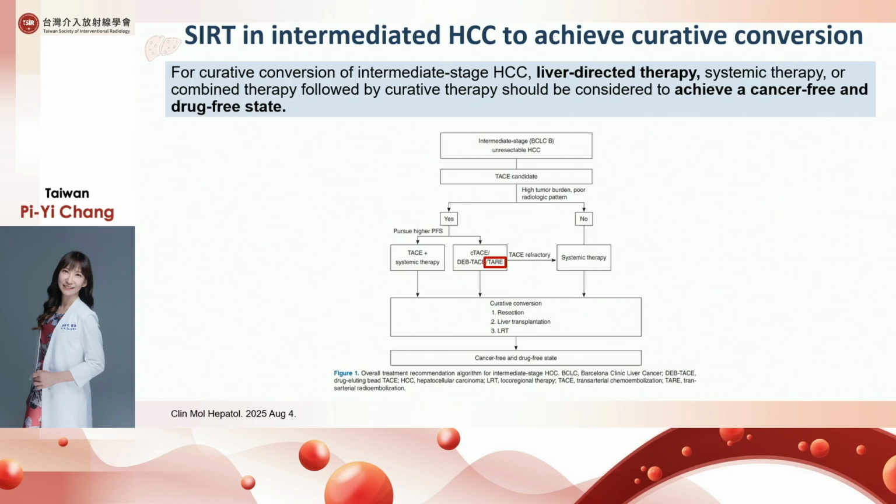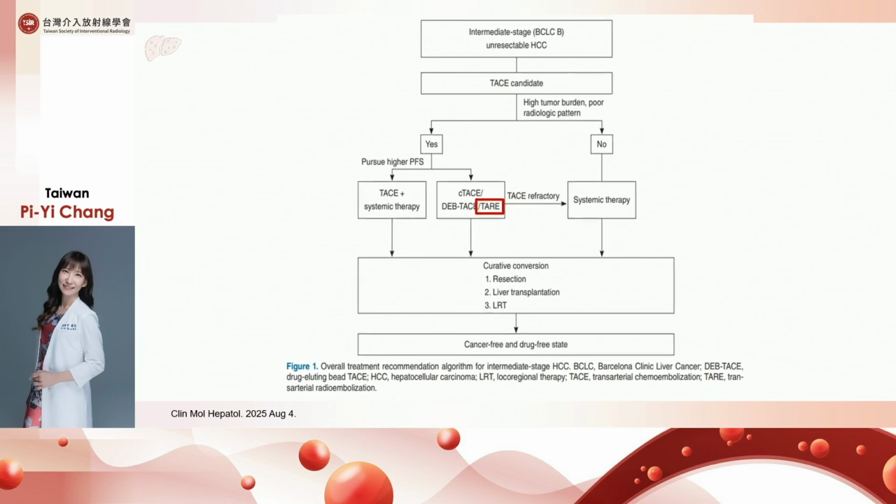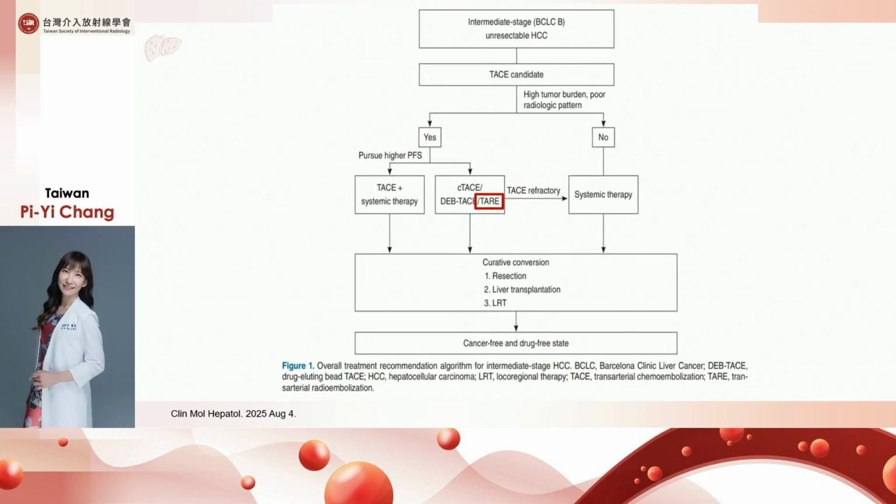I also want to share that, updated in the Taiwan Liver Cancer Society, we have stage B HCC recommended treatments. Yes, we have already put Yttrium 90 into the stage B recommended treatments.